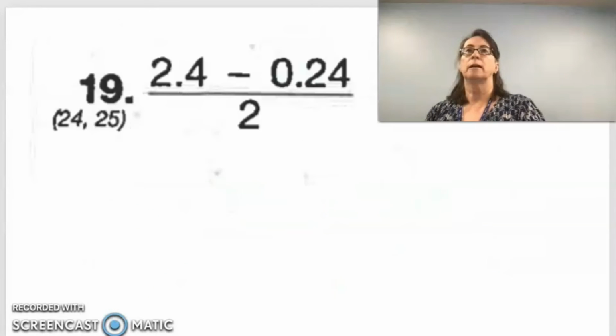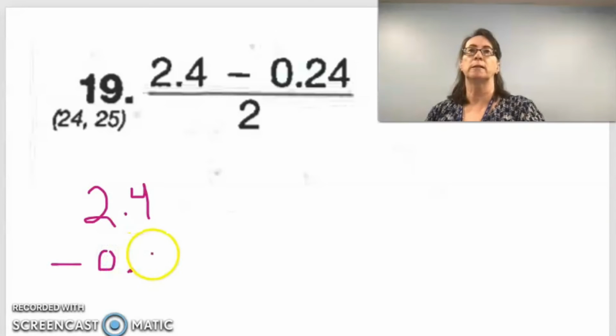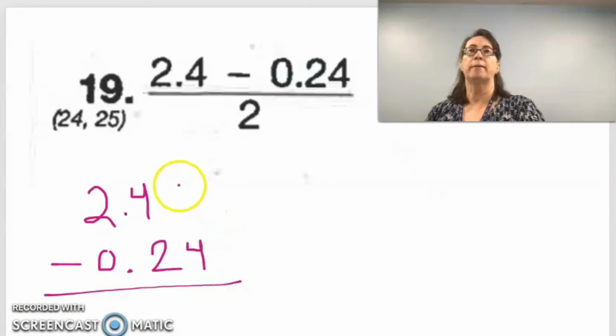Number 19. Okay, so 2.4, let's come over here and do our subtraction with the decimal point lined up. We'll put our 0.24. Now we're going to make this one a 0 just because I want to even everything out, right?